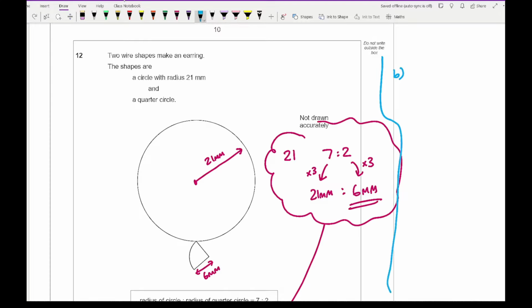So in terms of the large circle, well that's simply going to be 42 pi. Then in terms of the quarter circle, well looking at it, that's going to be 2 times pi times r divided by 4, so that will give me the arc, and then I need to add that to 12 millimeters.